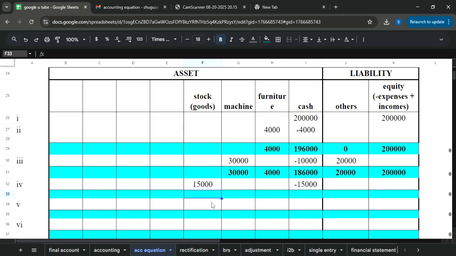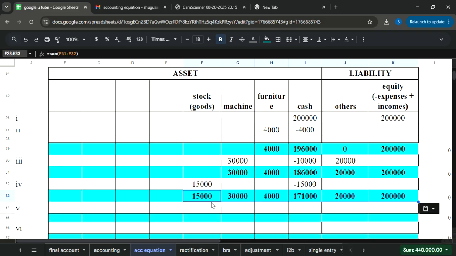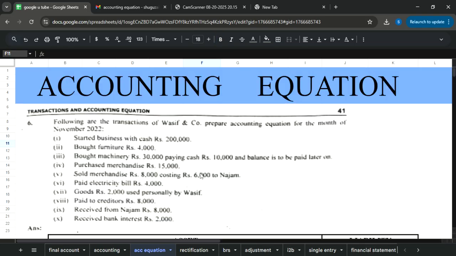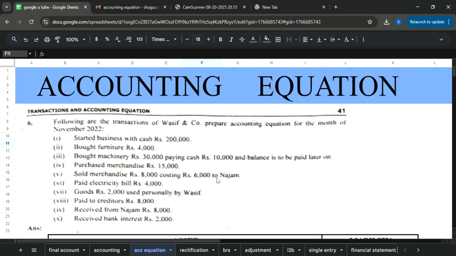But here we have not taken the sum. So let's take the sum of the previous entry. The sum has been taken and they are equal. So what we were saying, you have sold goods. Cost is 6,000. It means goods worth 6,000 are going out. And please note, it's a credit transaction.